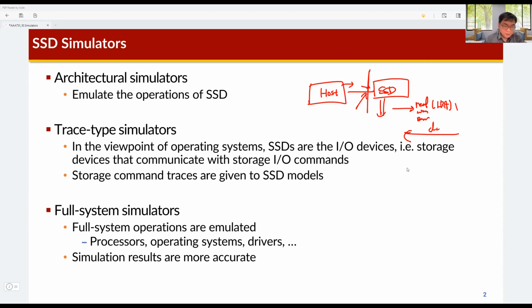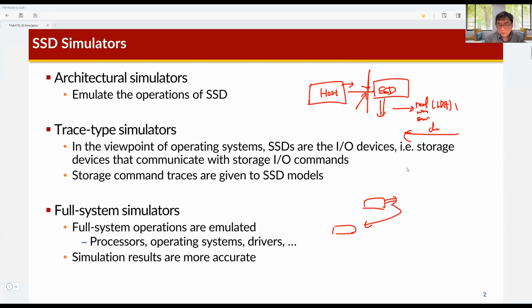And then full system simulators means that the SSD is a part of the IO devices in the full system. The issue of the trace type simulator is that the SSD returns data, which means the requested data goes to the host system, and the applications running on the host system receive the data and do something with this data.